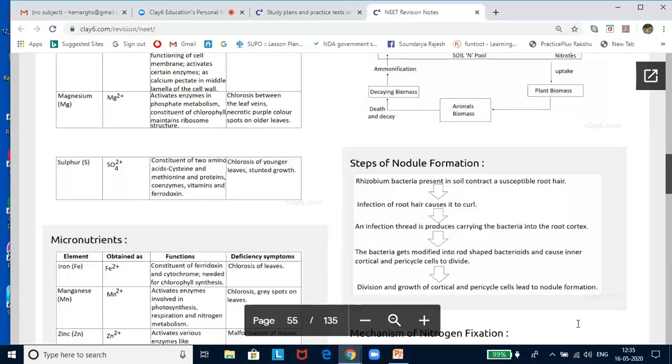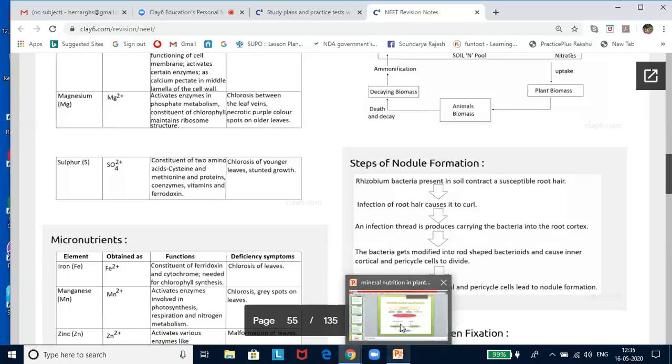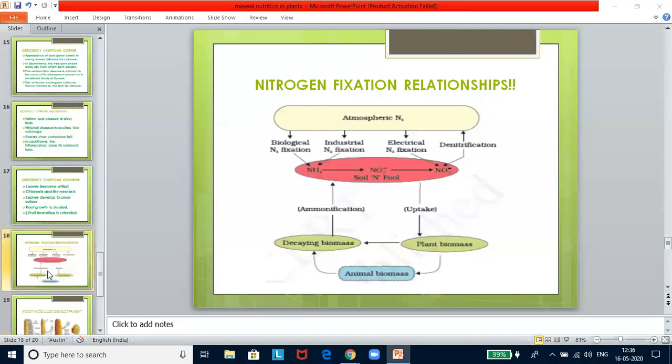The nodules have adaptations that ensure that enzymes are protected from oxygen. To protect these enzymes, the nodule contains an oxygen scavenger called leghemoglobin. So the main function of leghemoglobin is to remove the oxygen and maintain the anaerobic condition for nitrogen fixation to occur. Now let us look into the steps that are involved here.